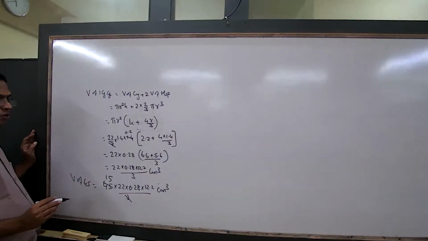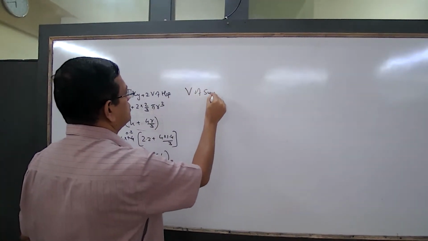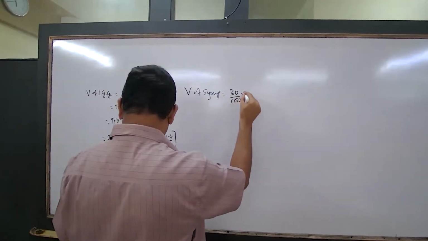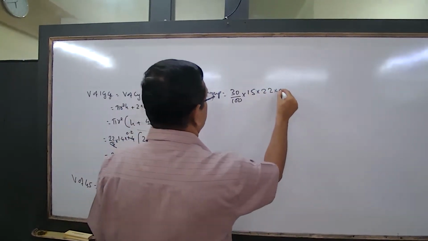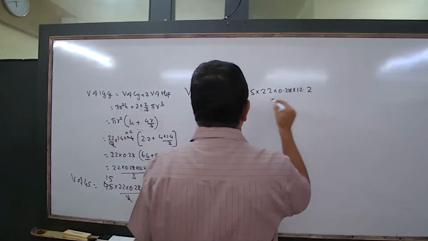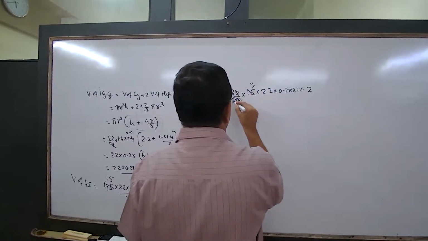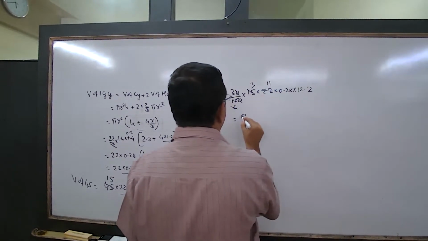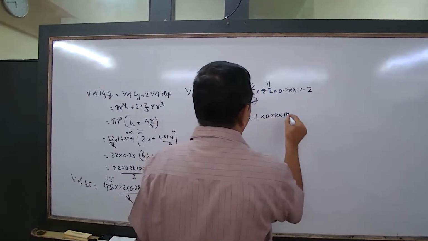Then, volume of syrup is equal to 30 by 100 into 15 into 22 into 0.28 into 12.2. You can cancel 1 0. 15 means 3 5s, 2s are 2 is cancelled and it is coming as 11. 9 into 11 into 0.28 into 12.2.